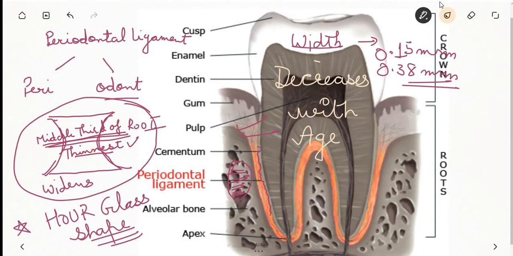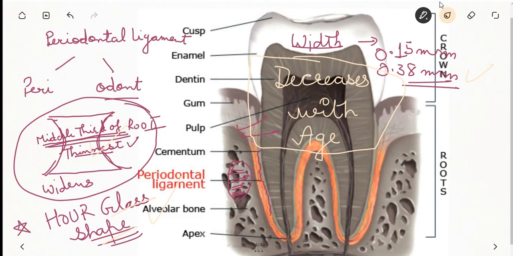So what are the key points that you have to remember? Number one, it is hourglass shaped in appearance. It is thinnest at the middle third of the root. The width is 0.15 mm to 0.38 mm. And it decreases with age.